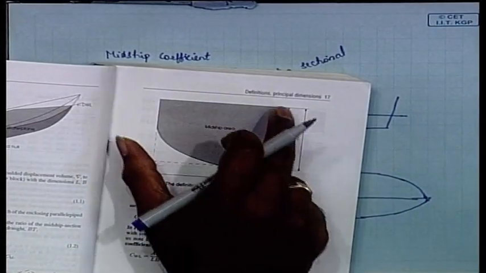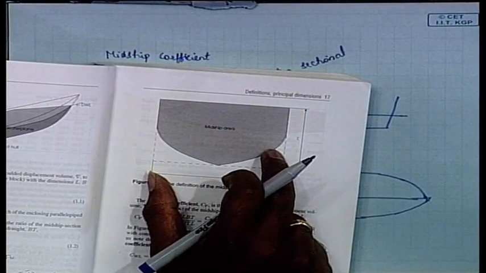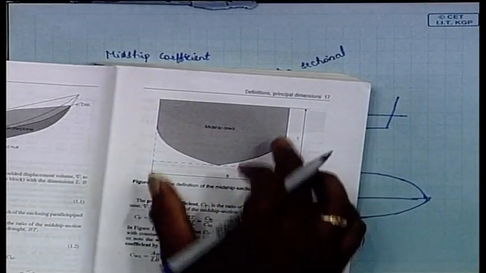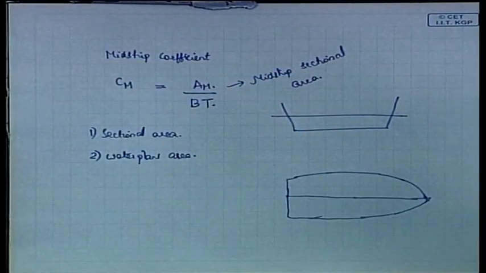As you can see, the ship won't fill the whole of the breadth into draft. Some will be left. So this is the midship sectional area.